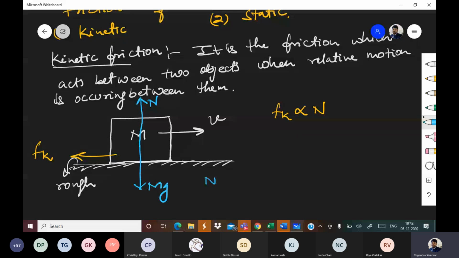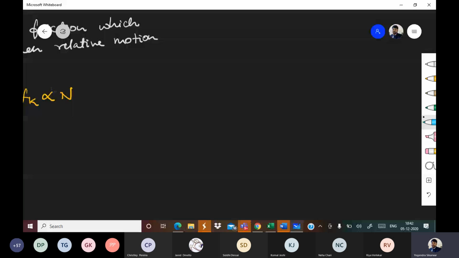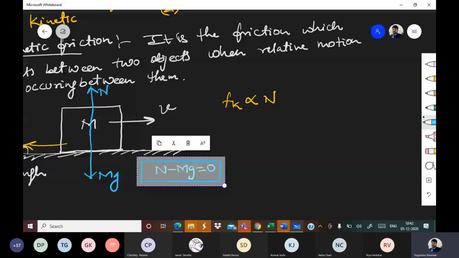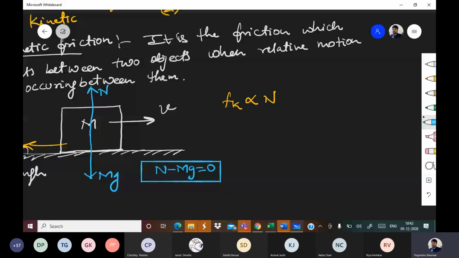N minus mg is equal to 0, so basically we are trying to find the value of N. Since f is proportional to N, that gives us Fk is equal to mu k N.